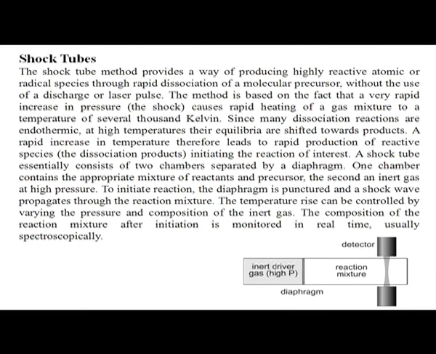So, a huge increase in temperature, and in many dissociation reactions, which are endothermic, at high temperature the equilibrium is shifted towards the products. A rapid increase in temperature therefore leads to a rapid production of reactive species, that is dissociation of the precursor, initiating the reaction of your interest. A shock tube essentially consists of two chambers separated by a diaphragm.